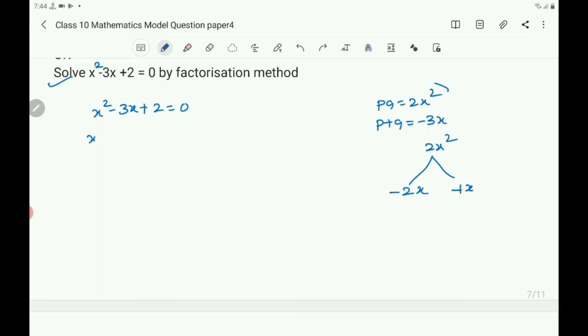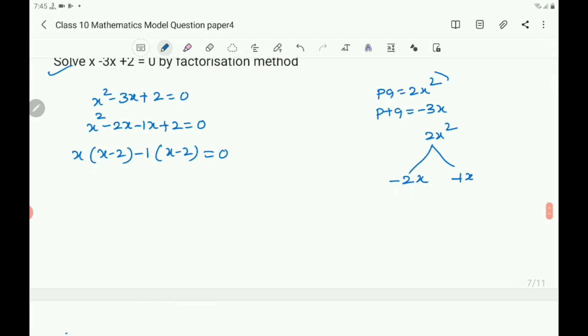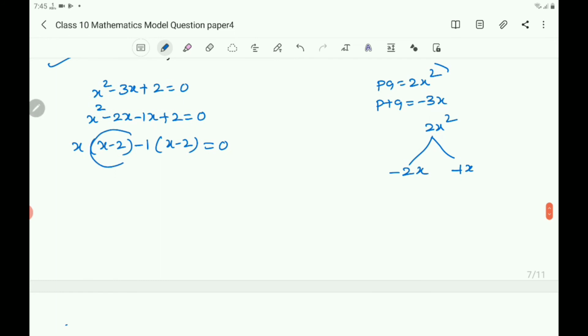Then you take x square minus 2x minus 1x plus 2 equals 0. Then you write x into x minus 2 minus 1 into x minus 2 equals 0. Then here x minus 2 is common. x minus 2 into x minus 1 equals 0.